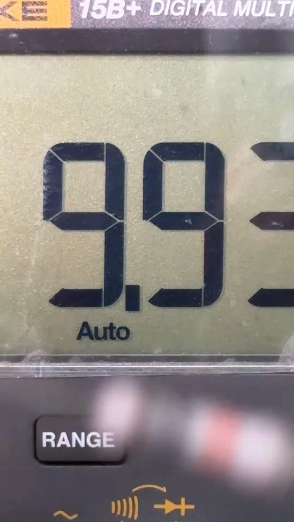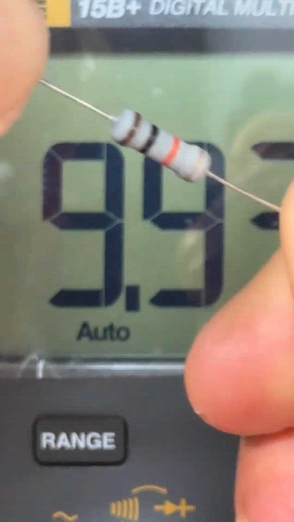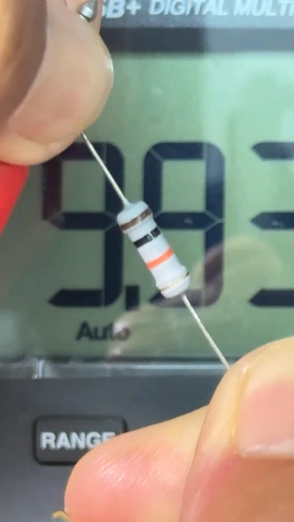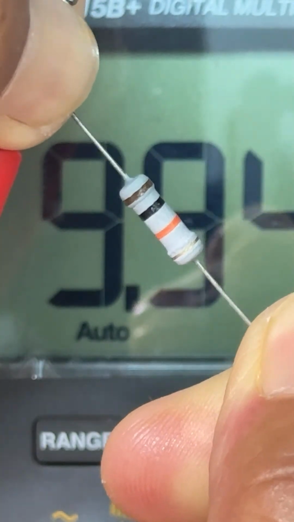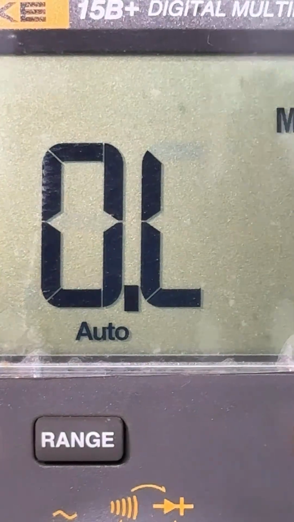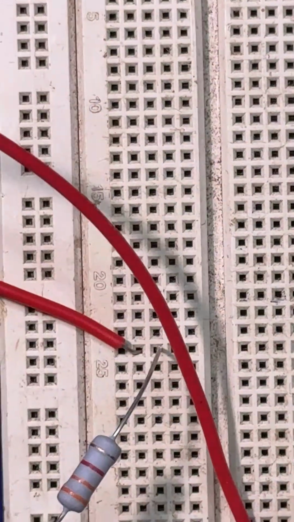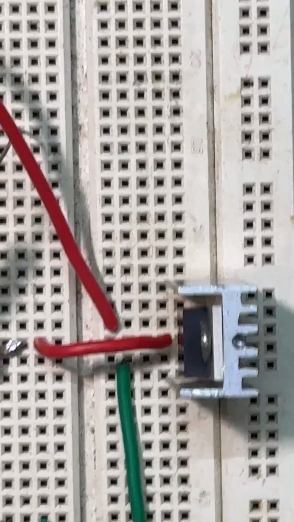I measure it like this, connecting by the meter probe. Brown, black, orange. So then I have to connect in another way that is more important for all of us to follow. I put it again, getting the system ready.